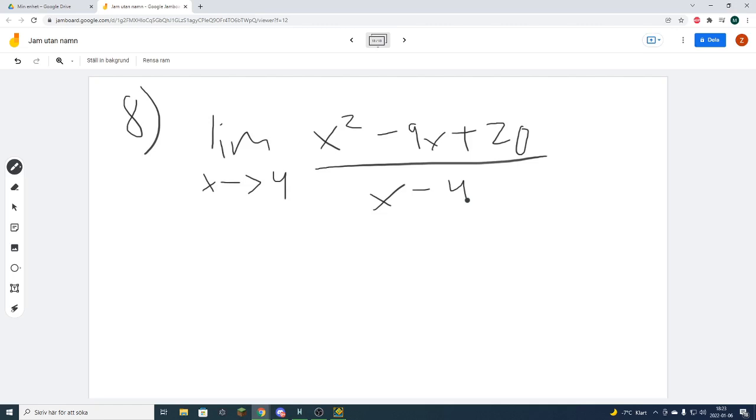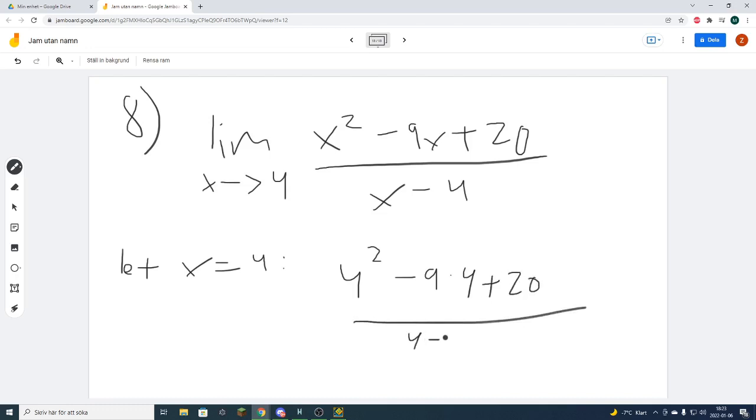Now, here's the issue: you cannot just plug in 4, and let's see why. With x equals 4, that gives us 4 squared minus 9 times 4 plus 20 over 4 minus 4. Now this is going to come out to 0 divided by 0, and you can't have 0 divided by 0.